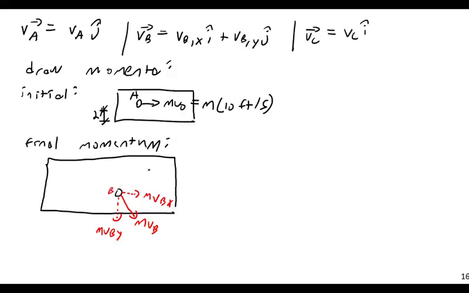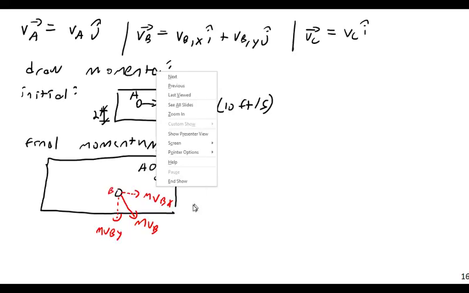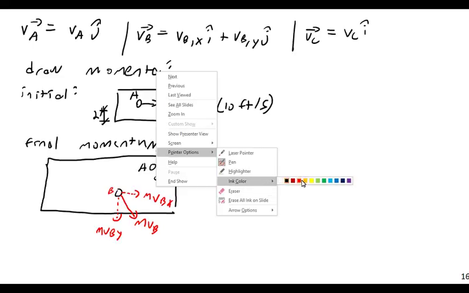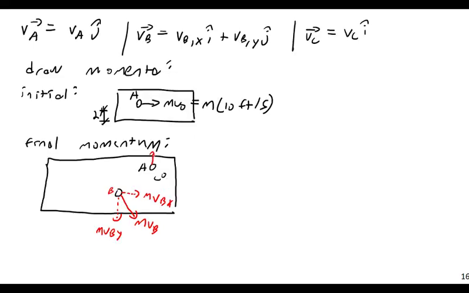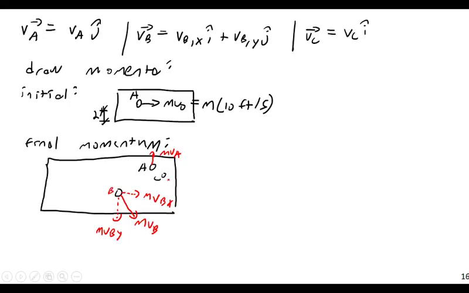Then I would have at A, A and C. I would have m VA and momentum m VC. Again, all these billiard balls have the same mass m.